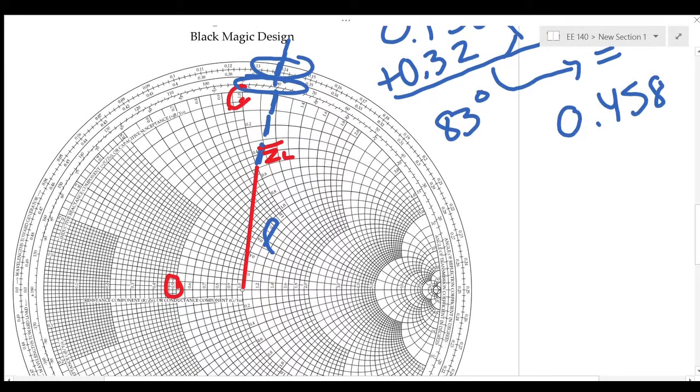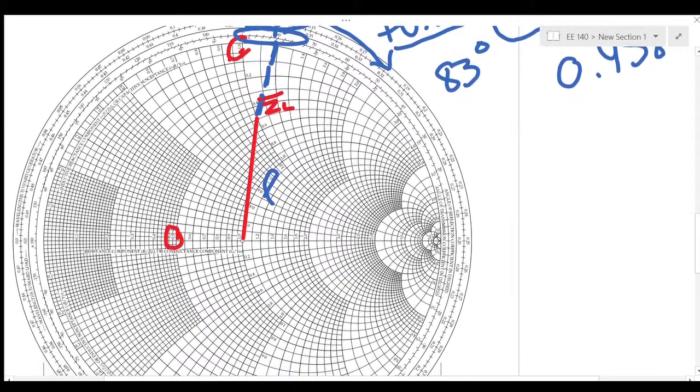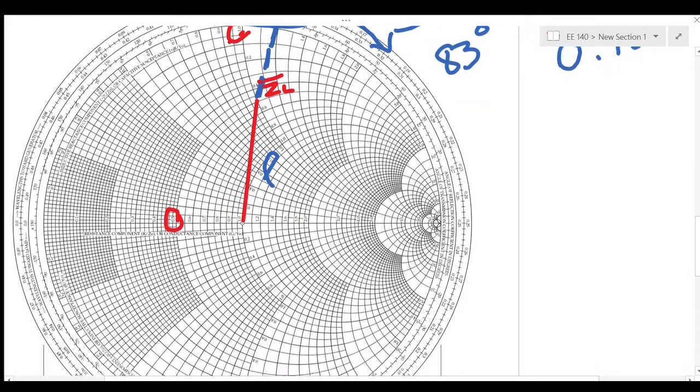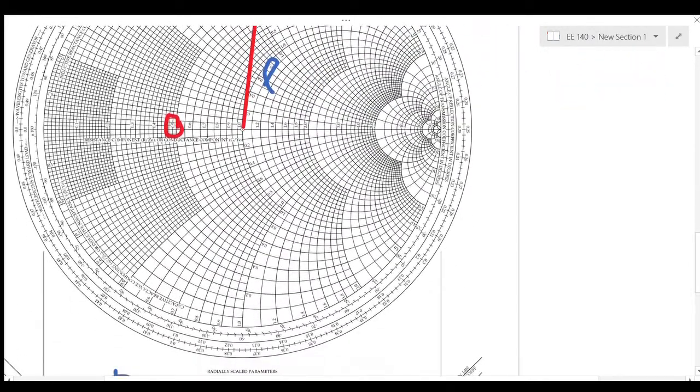Okay, so now we're going to move in the clockwise direction along the transmission line. So we're going to find the value of 0.458. I'm just going to say it's like right here. Actually, it's a bit closer. So like right here.